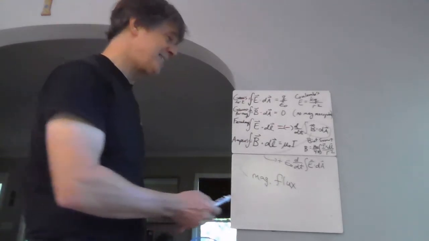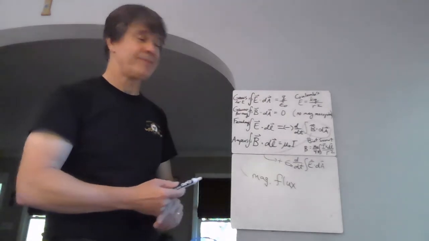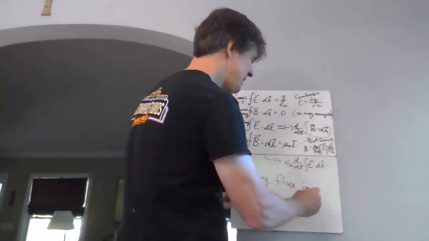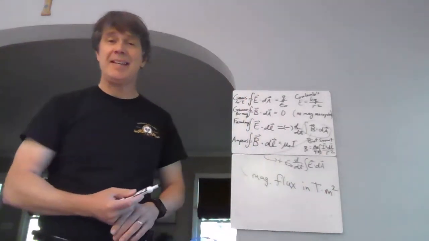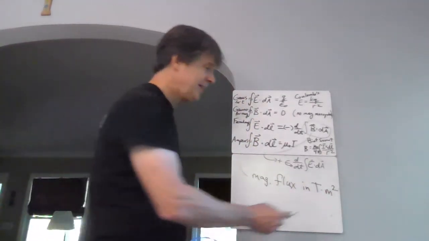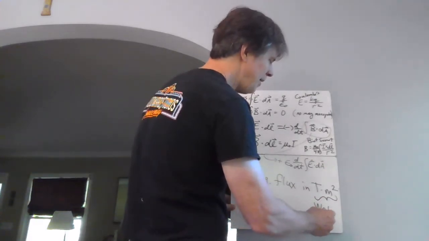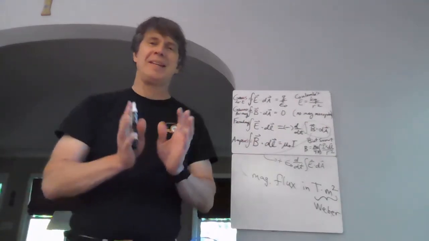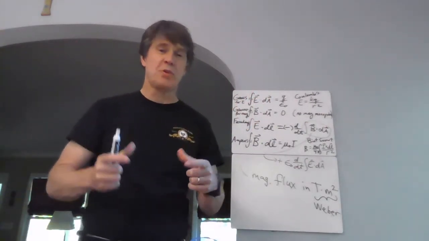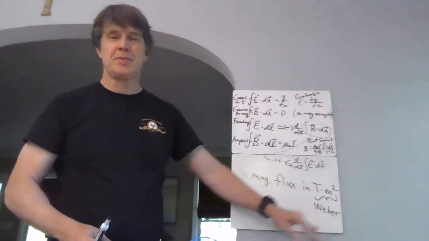It's measured in Tesla square meters. And they decided to name that after someone. They named it after some Mr. Weber. So magnetic flux, the amount of magnetic field lines penetrating some kind of surface, is the Weber. That's flux is the Weber.